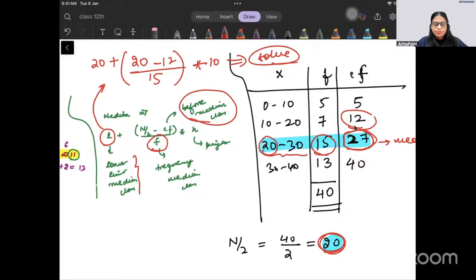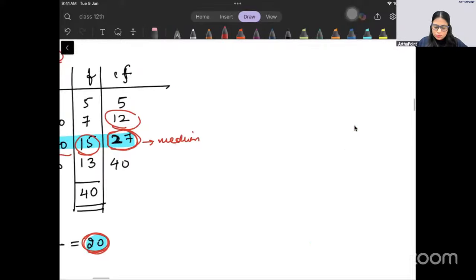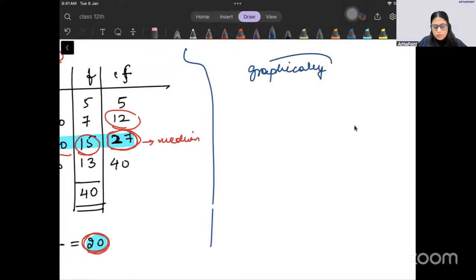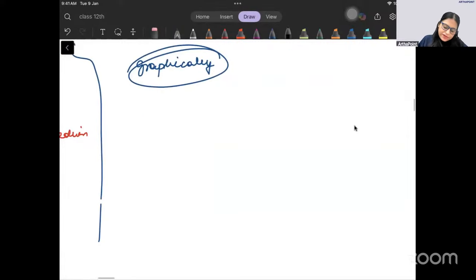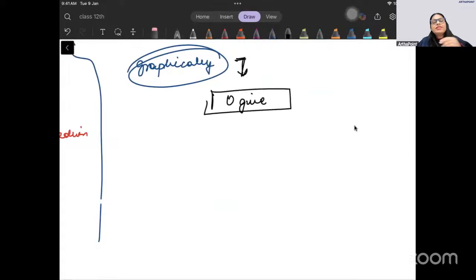Now, you can also find median graphically. To find the median graphically, we use something which is known as ogive. In the ogive method, we go ahead and draw the cumulative frequency curves, the CF curves.